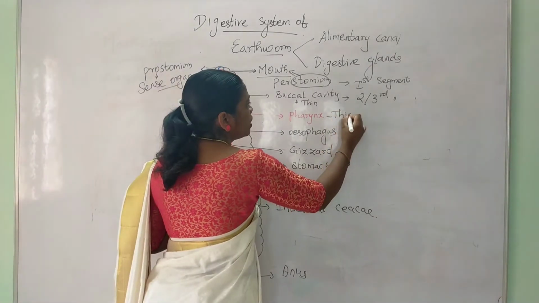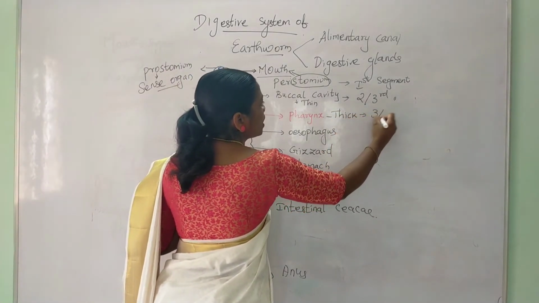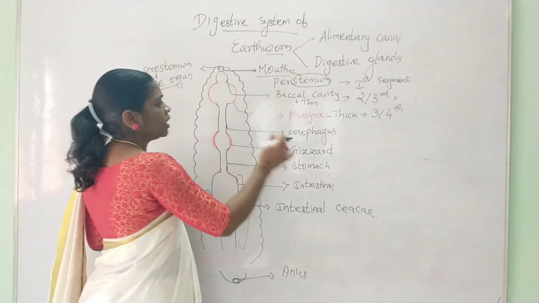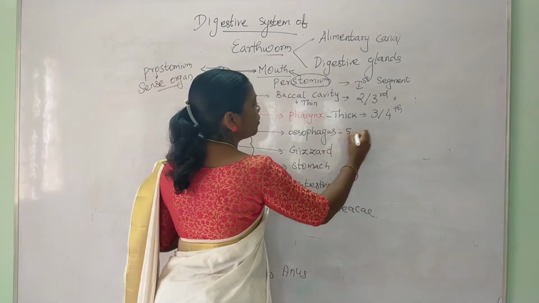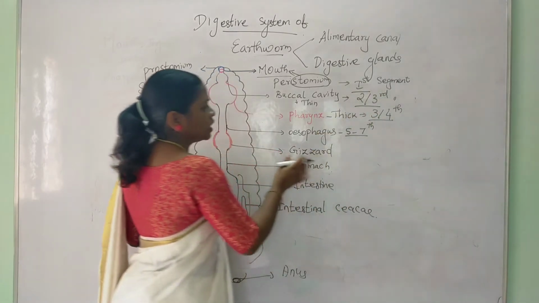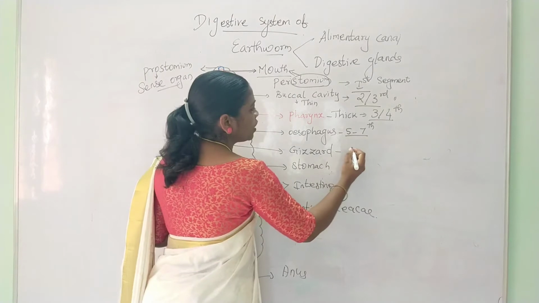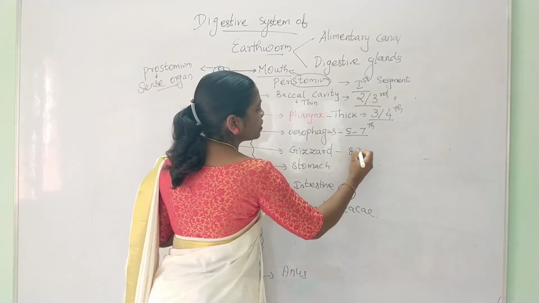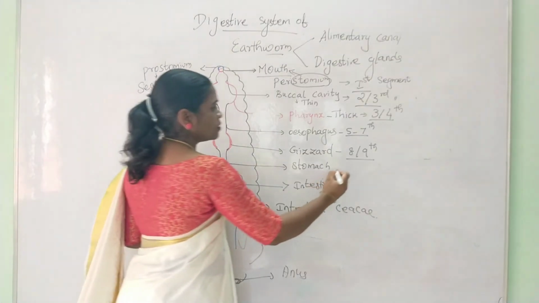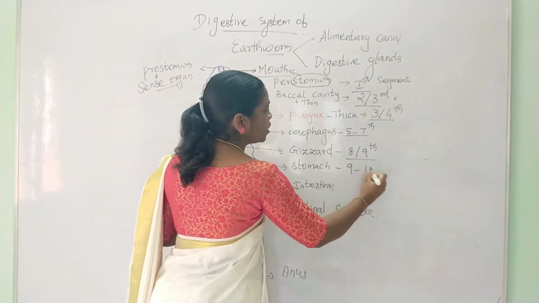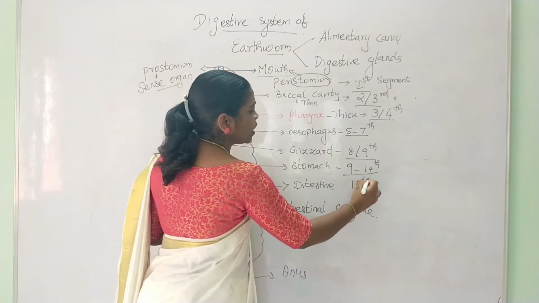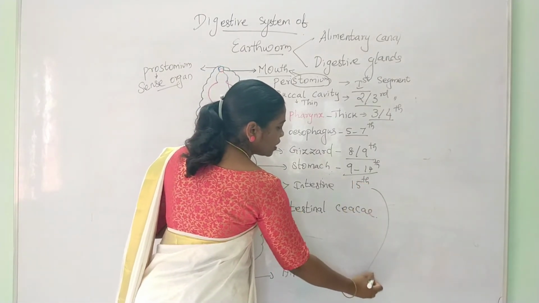The pharynx is a thick walled structure present on the third and fourth segments. The esophagus is present between the 5th and 7th segments. The gizzard you can find on the 8th and 9th segments. The stomach is from the 9th to 14th segment. The intestine starts from the 15th segment and runs till the anus.